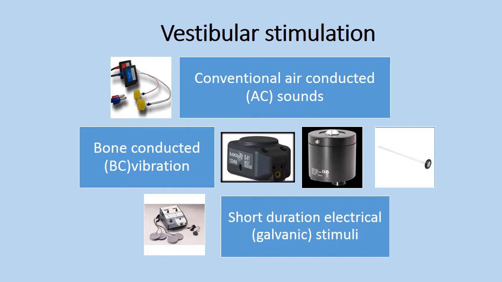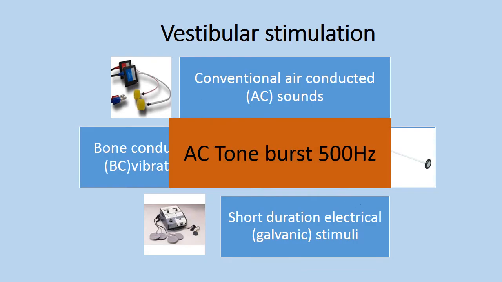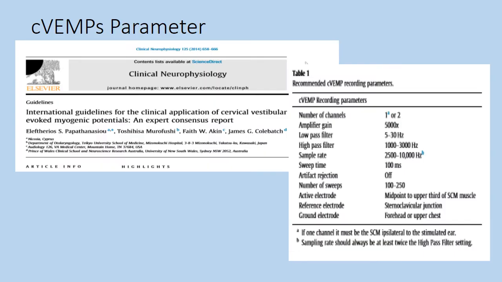Another mode of vibration is via tendon tap using the tendon hammer. The most common cVEMP stimulus modality is air conduction using tone bursts at 500 Hz. Other parameters that are important for cVEMP recording include the rise-fall time, bandwidth filter, and number of sweeps.